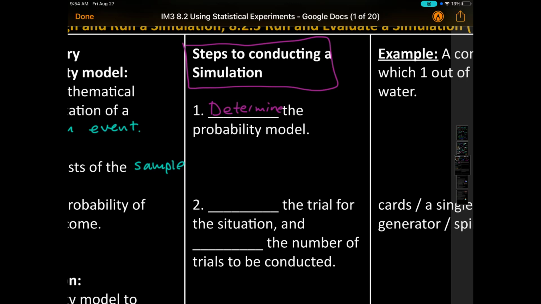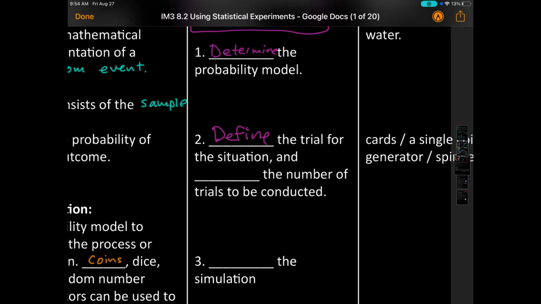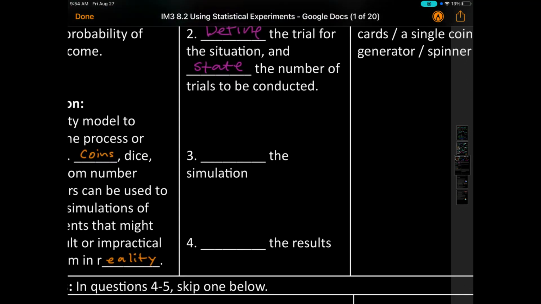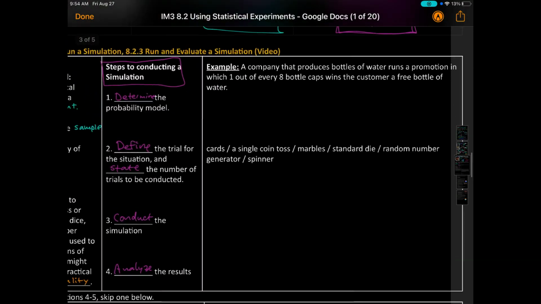Number 2, define the trial for the situation and state the number of trials to be conducted. Number 3, we need to conduct, or actually do. And then number 4, we have to analyze the results. Okay?